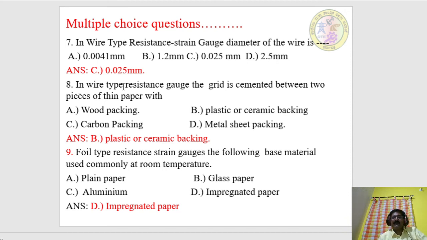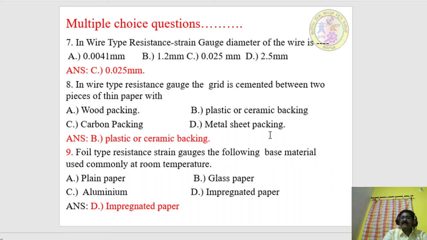Eighth question. In wire type resistance strain gauge, the grid is cemented between two pieces of thin paper with dash. Options are A wood packing, B plastic or ceramic backing, C carbon packing, D metallic sheet packing. In the option wood packing, which is not used generally, right?